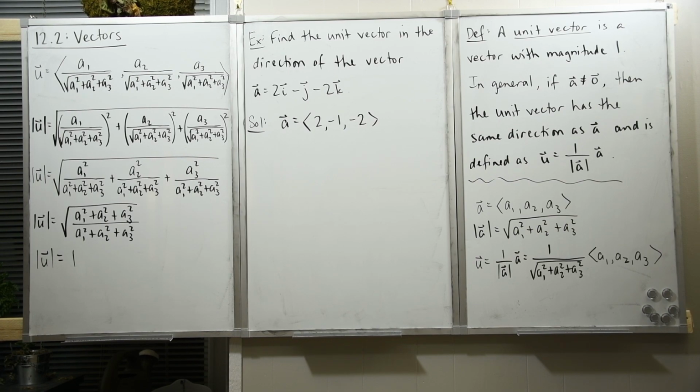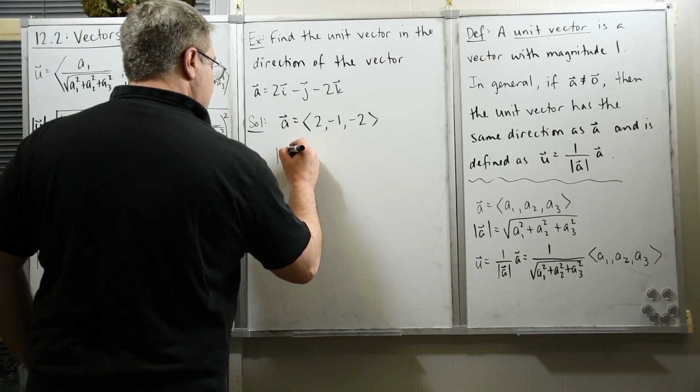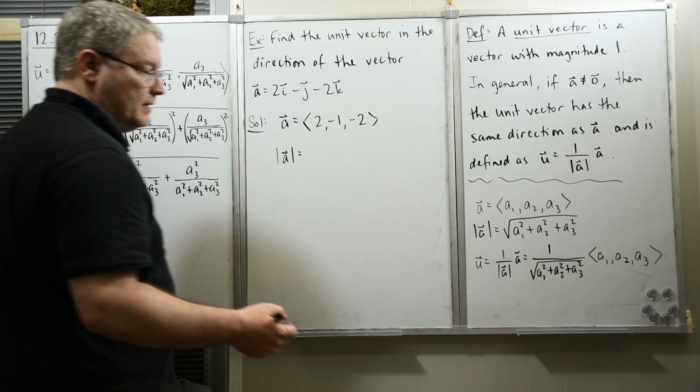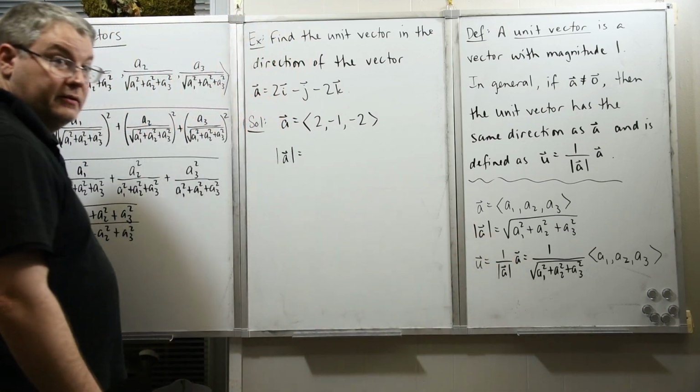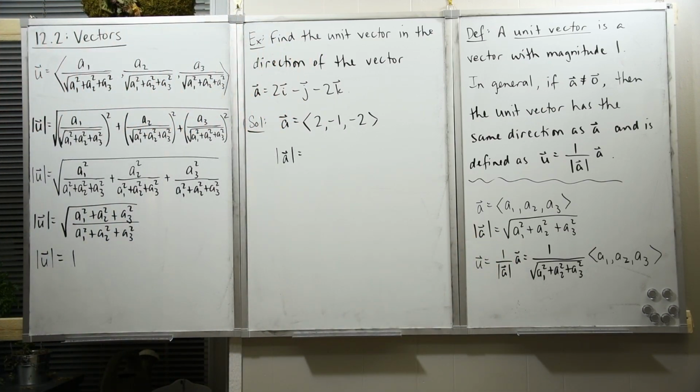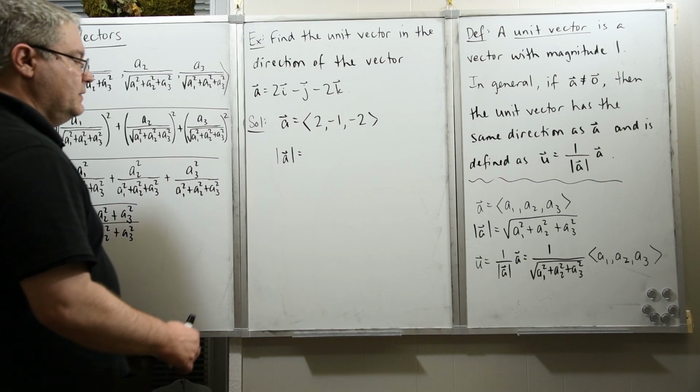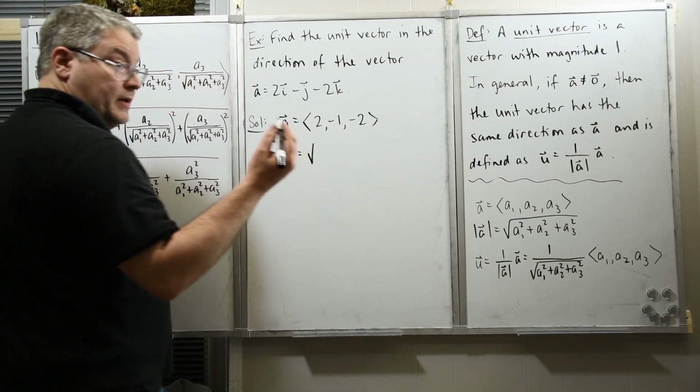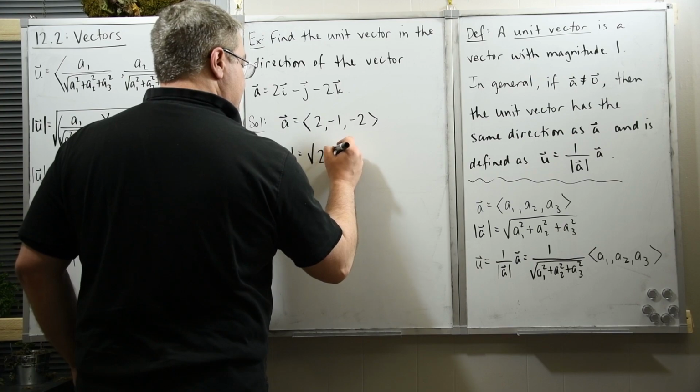And what we're interested in is figuring out what the magnitude of A is. Because after all, if our goal is to find the unit vector, that's defined as 1 over the magnitude of A times A. And so we'll have the square root of the sum of the squares of the components.